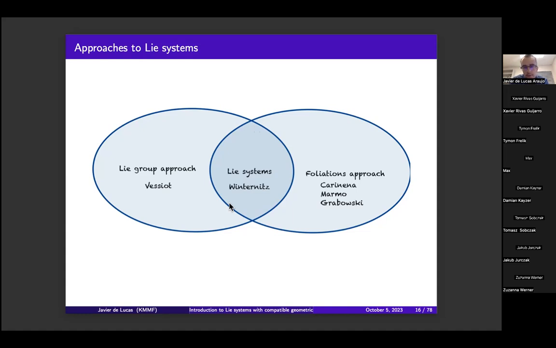Indeed, he did it here, where I'm working now, in the Centre de Recherches Mathématiques of the University of Montreal. And then Winternitz worked on this topic by himself and with many, many other researchers.